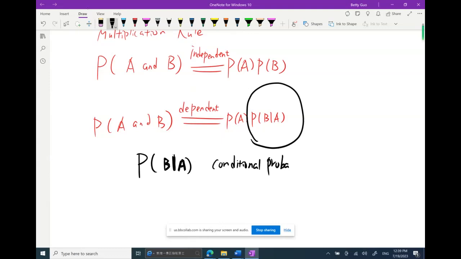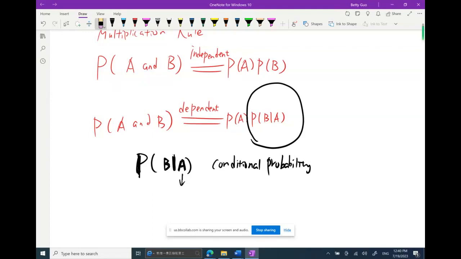The name of the probability is very intuitive. What is conditional probability? Conditional probability is a probability with a condition. What condition? The condition is that A already occurred. So this probability, P of B given A, represents the chance of event B occurring given the condition that event A has already occurred.